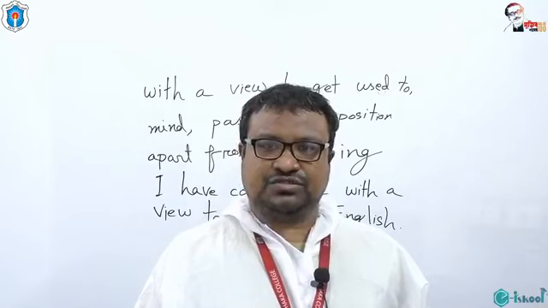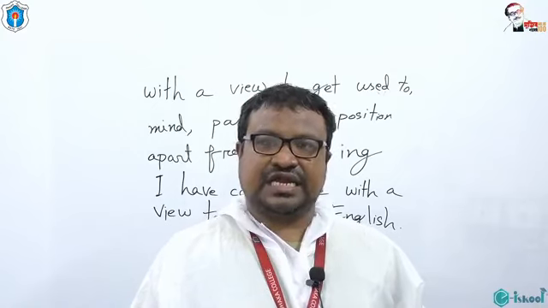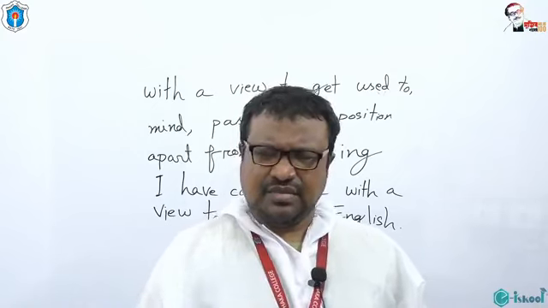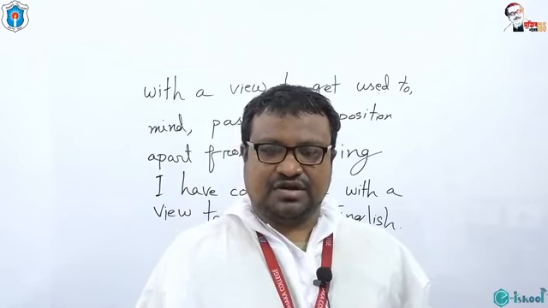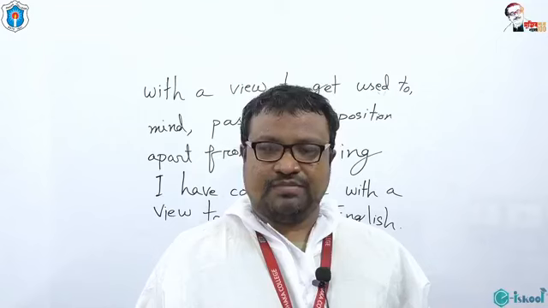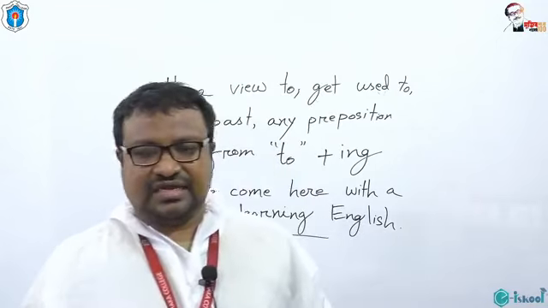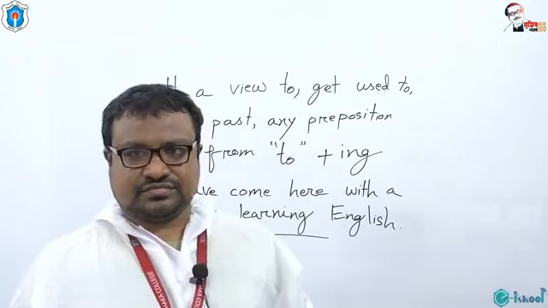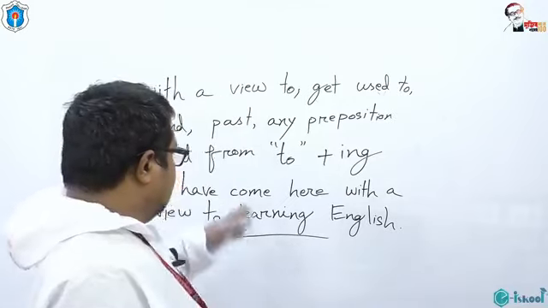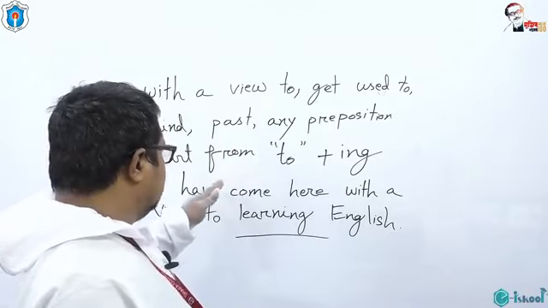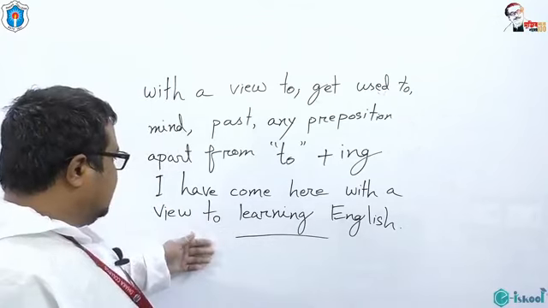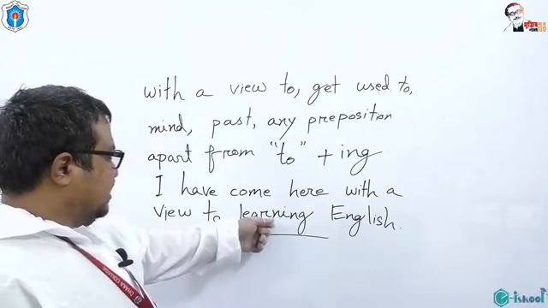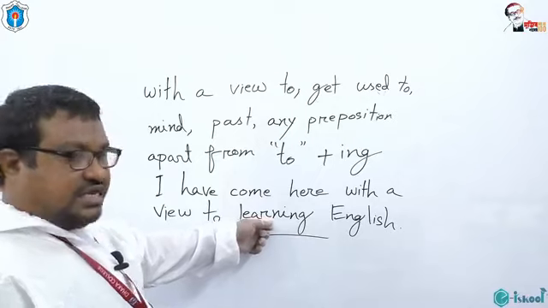We do not use any other form like past participle or other things. But here, when we are using with a view to, get used to, then we are using this structure, that is main verb plus ing, learning.